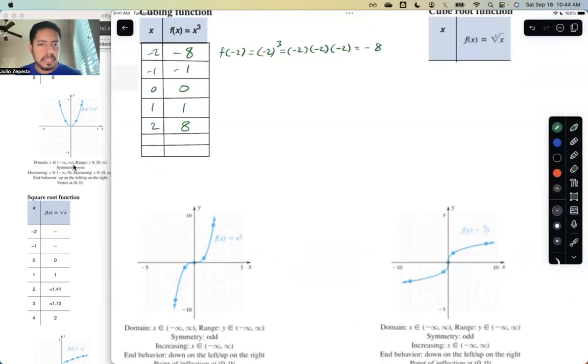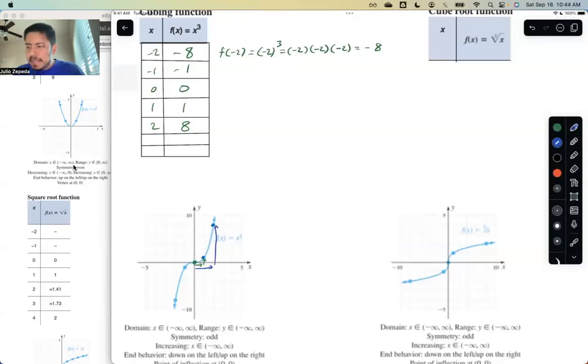They went by 2s, and then on the x-axis by 1s. Okay, so it's going to be 0, 0, then over 1, up 1. It looks like up 1/2, but it's actually 1 since it's scaled by 2. And then over 2, up 8.